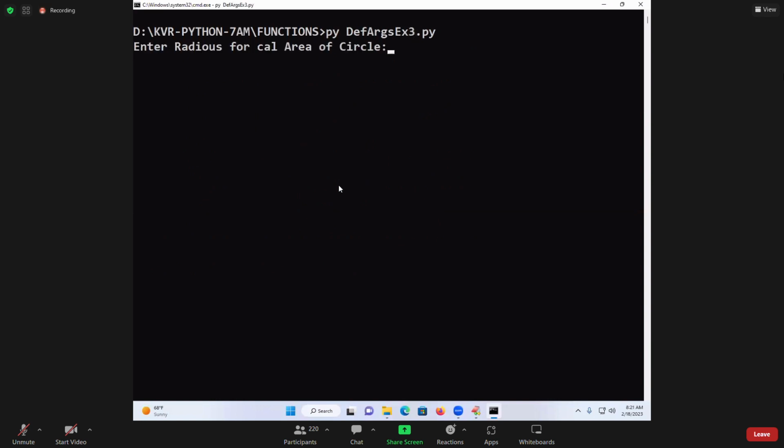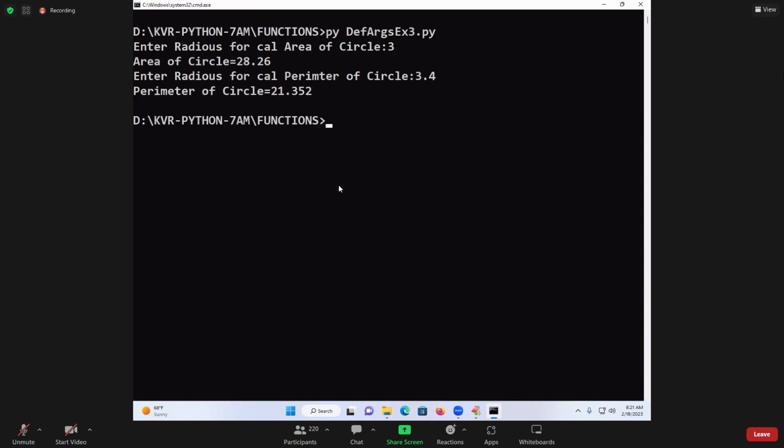Enter the radius for calculating area of circle, say 3, and area of circle is 28.26. Enter the radius for perimeter, 3.4, and perimeter of circle is 21.352. Are you able to follow?